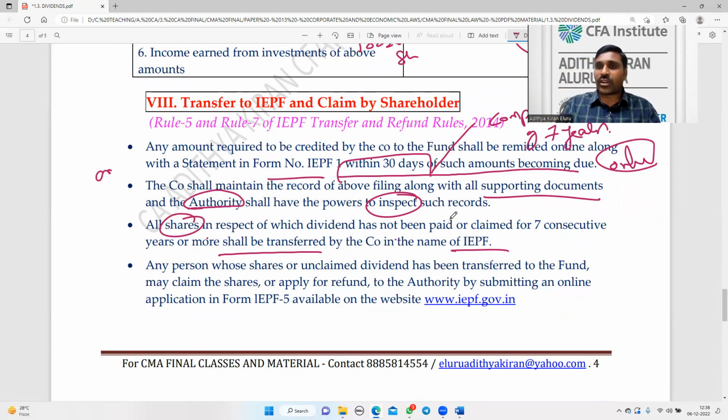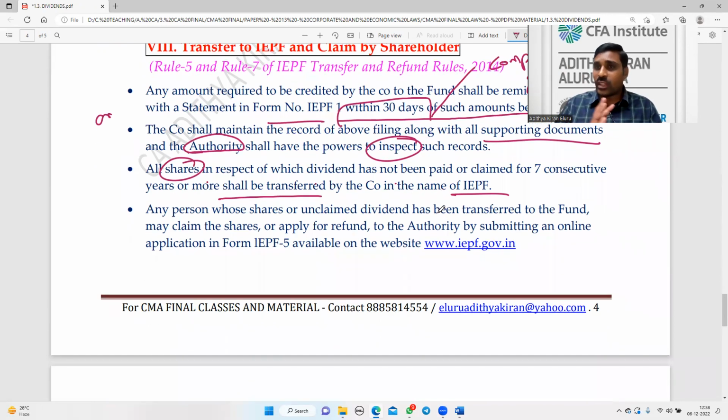Not only the dividend amount, but the shares to which the dividend or share application money pertains will also be transferred to the IEPF. Any person whose shares or unclaimed dividend has been transferred to the fund may claim the shares or apply for refund to the authority.